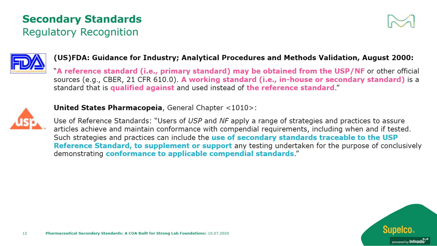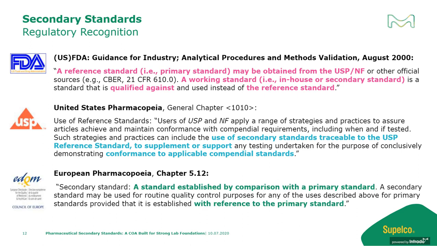Further support from the USP in General Chapter 1010 states, quote, users apply a range of strategies and practices to assure articles achieve and maintain conformance with compendial requirements. Strategies and practices can include the use of a secondary standard traceable to the USP reference standard to supplement or support any testing undertaken for the purpose of conclusively demonstrating conformance to applicable compendial standards.